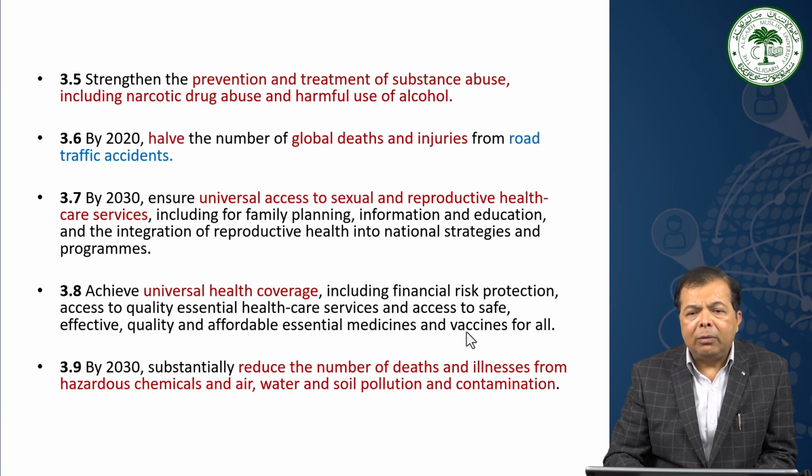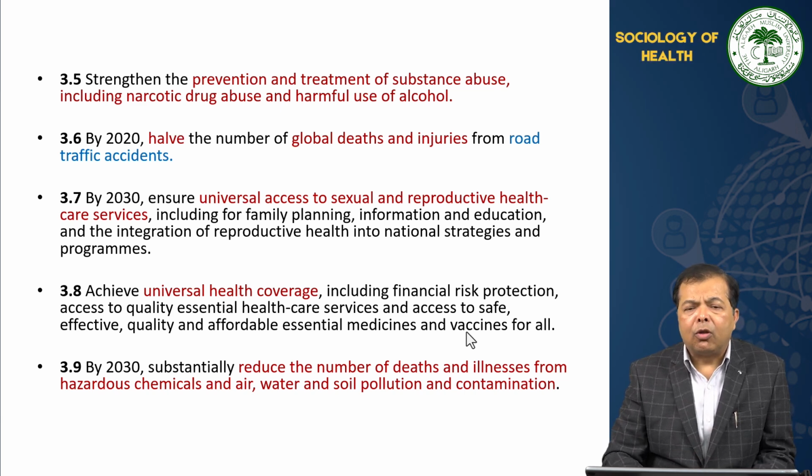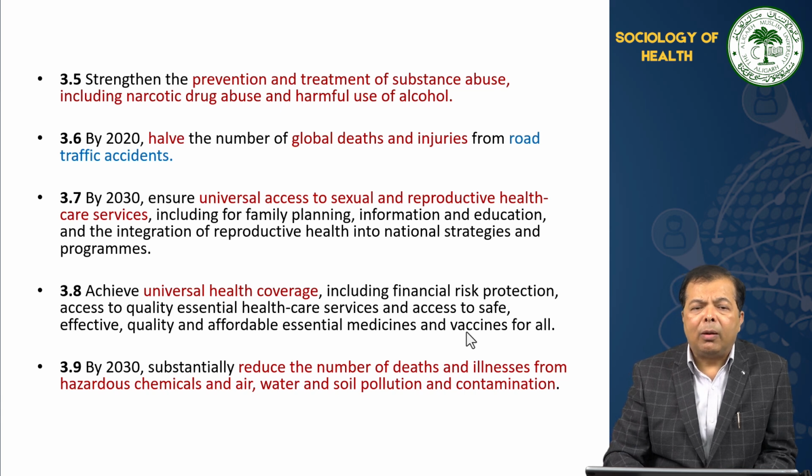And then a very important thing here is mentioned in goal number 3.7. By 2030, ensure universal access to sexual and reproductive health care services. Now, universal access. We have been talking about the sexual problems or basically the reproductive health problems, but nowhere we have been mentioning that there is a mechanism to provide those services or access to those services. So this point suggests that there should be a universal access.